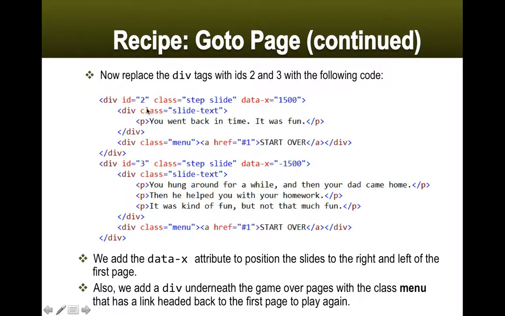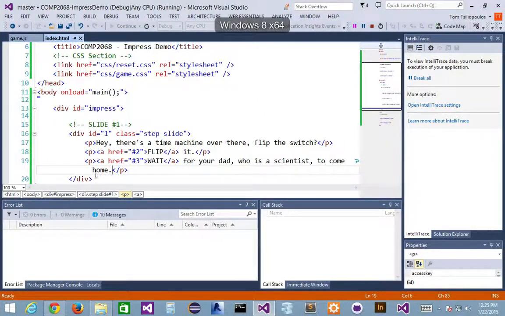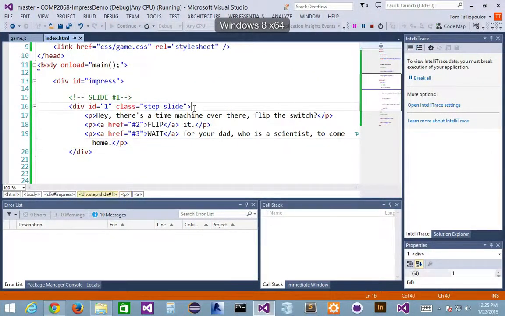So again, inside there, we have a couple things that are the same. A div class with slide text. And if I go back, that's one thing I missed. I didn't put slide text as my div class. I didn't do another little wrapper. I just put a bunch of p tags. So let's fix that up before we make the next one.